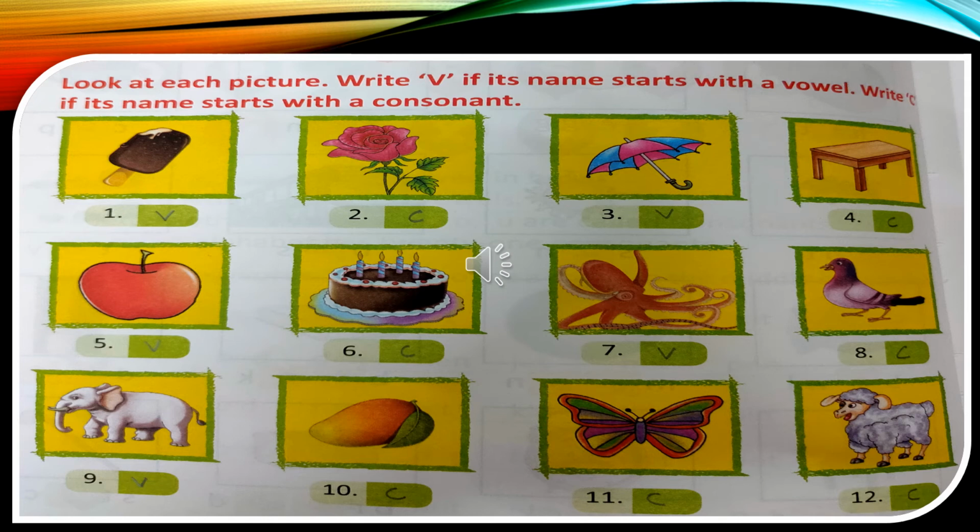C is a consonant, so we have written C. 7th picture is of octopus, O is a vowel, so we have written V. 8th picture is of pigeon, P is a consonant, so we have written C.